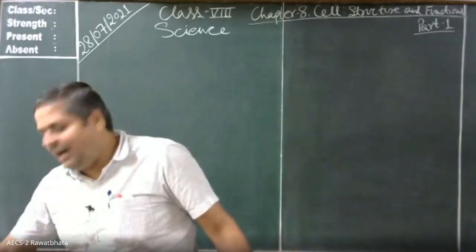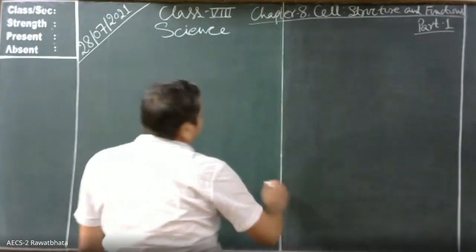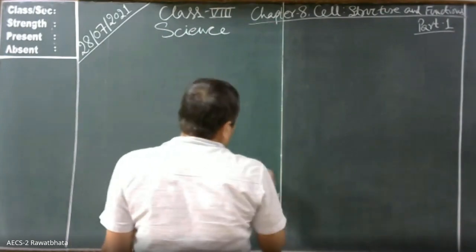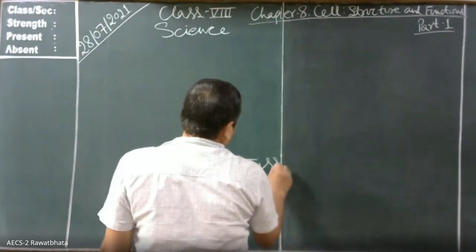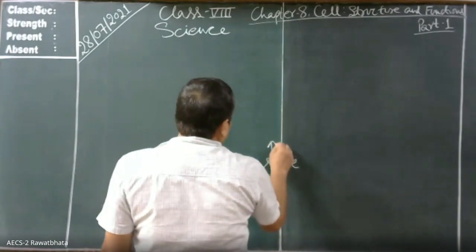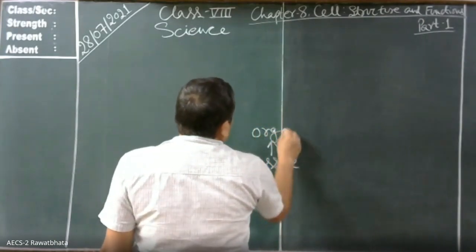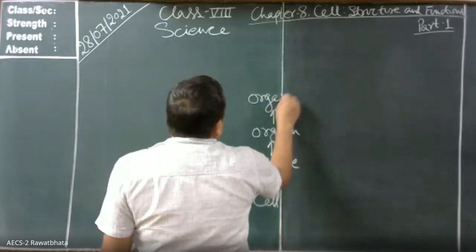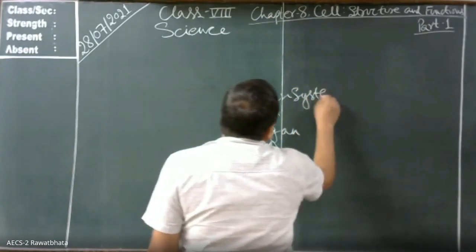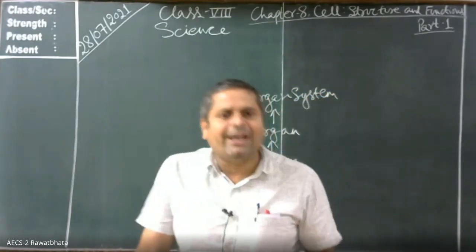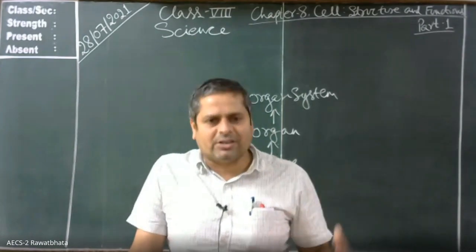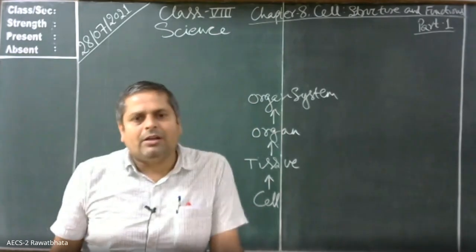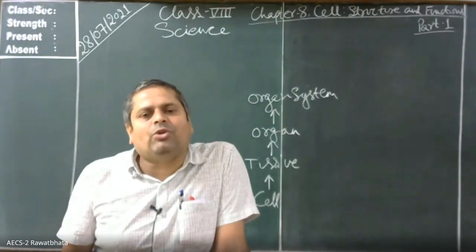The cell is the smallest unit. Cells unite to form tissue, tissues unite to form organs, and organs unite to form an organ system. Organ systems include the respiratory system, excretory system, reproductive system, nervous system, and endocrine system. These are all organ systems that include many organs.